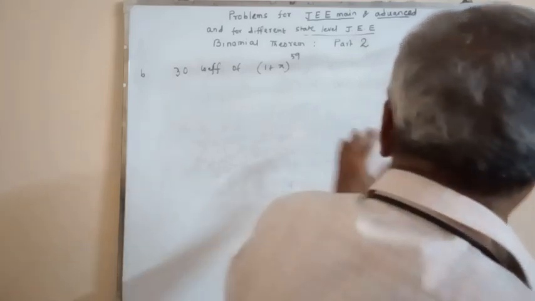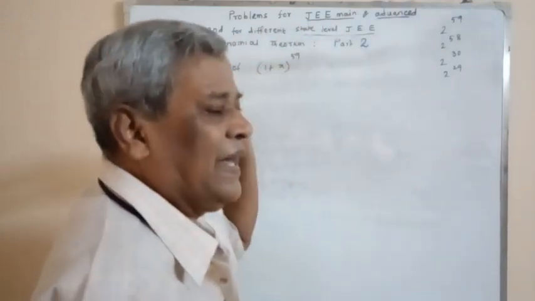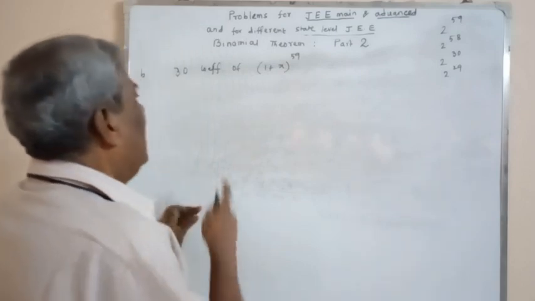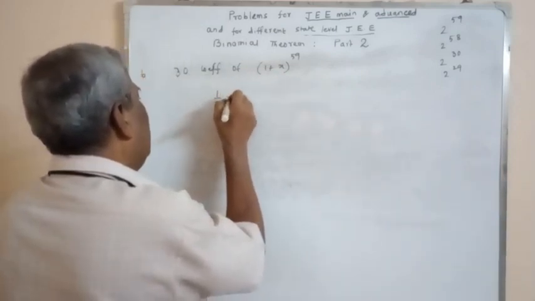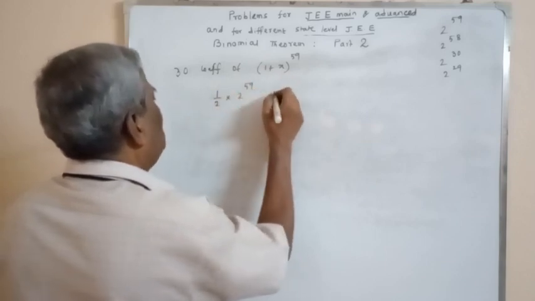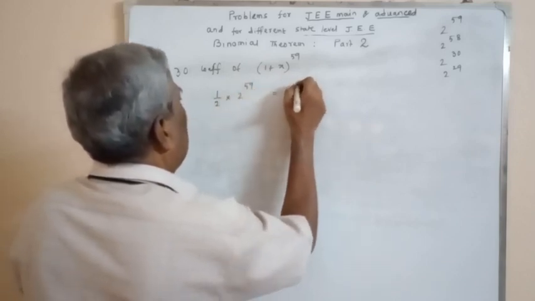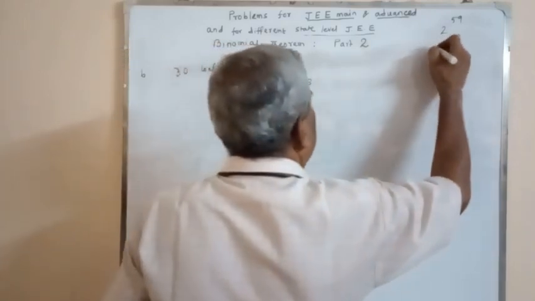And the total sum is equal to 2 to the power 59. So the sum of last 30 coefficients is equal to half into 2 to the power 59, so it is equal to 2 to the power 58. So this is the correct option.